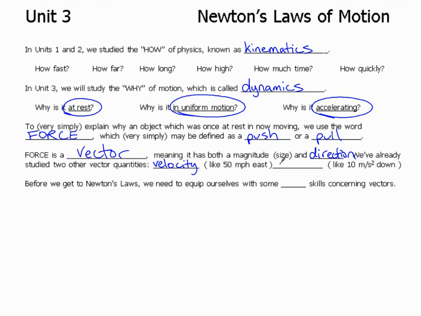Or acceleration, like 10 meters per second squared down. Before we get to Newton's laws, we need to equip ourselves with some math skills concerning vectors.